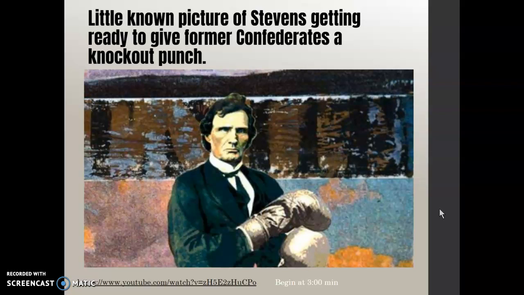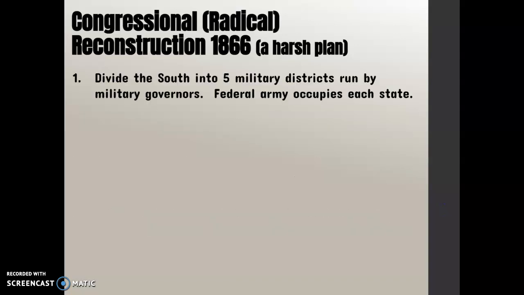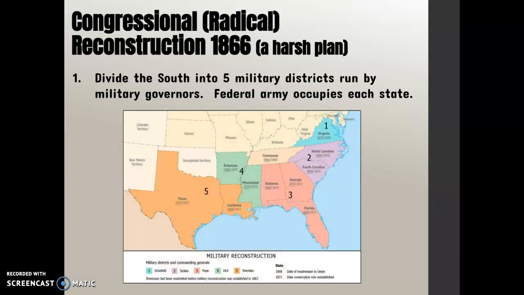Here's a little-known picture of Thaddeus Stevens getting ready to give the former Confederates a knockout punch. Here's the Congressional or Radical Reconstruction Plan, and this is a very harsh plan.